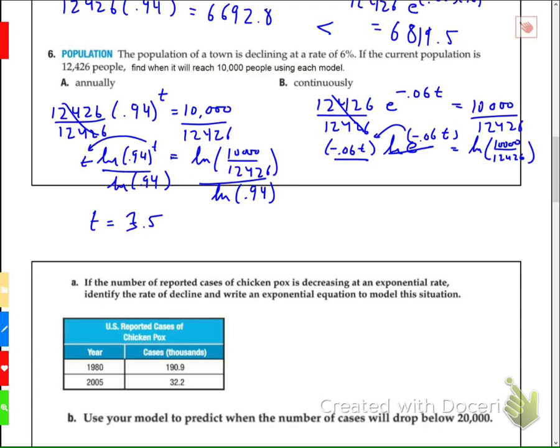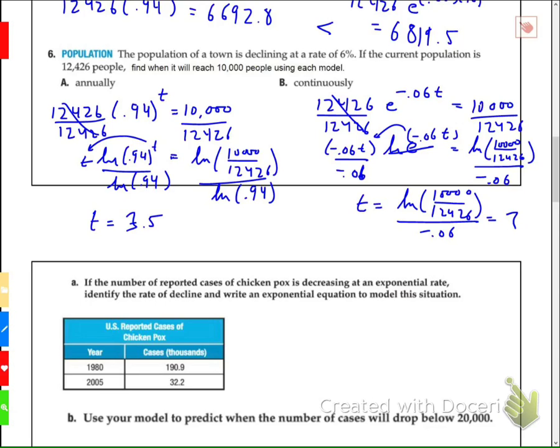Okay? Now the only thing I have to do is divide by the rate. So that's the power of natural logs and the continuous growth formula, is that I can just do the natural log of what I want divided by what I have, then just simply divide it by the rate, and it will give me the time.